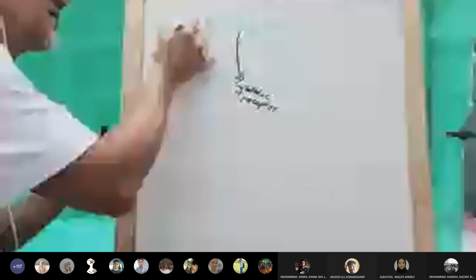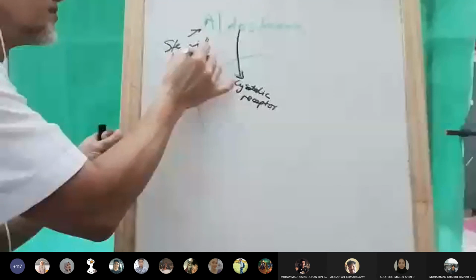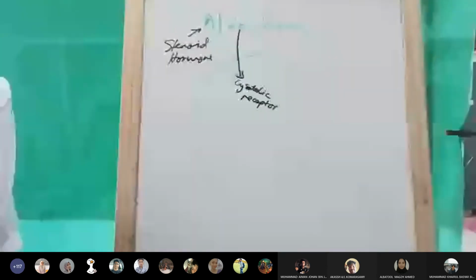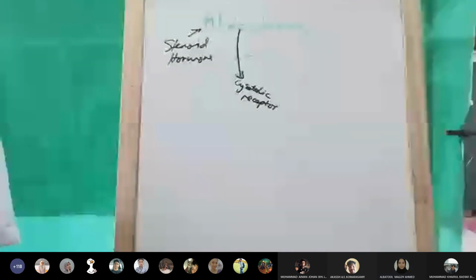Why are the aldosterone receptors found inside the cytoplasm, not on the surface of the membrane? Because it cannot pass through the cell membrane because of the phospholipids, so it needs to pass through the cytoplasm. Okay, it is a good try, but that is not the right one.